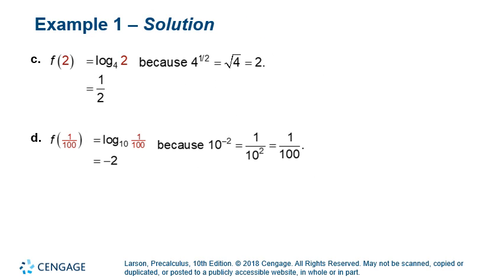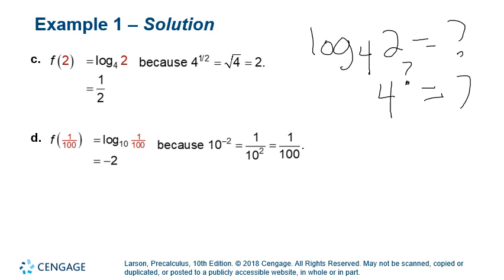When we look at log base 4 of 2, and we rewrite that, 4 to what power gives me 2? Well, that power actually is a fraction, because it's the square root. And remember, we can write square roots as powers of 1/2.